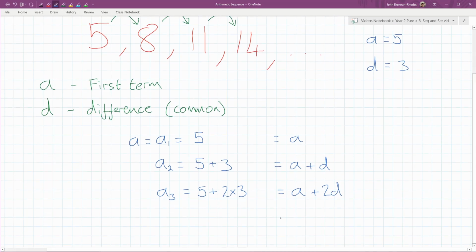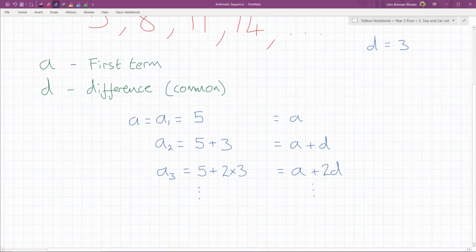And you might be able to see that this continues. Now, the crucial point here is that this number, 2D, is one fewer than the term that we're on. We're on the third term, but we've only added 2 lots of D because we didn't have any at the start. We had 0D here. So if we got to the nth term of this sequence, we would have 5 plus, we wouldn't have n lots of 3 added on, we would have 1 fewer, n minus 1 lots of 3.